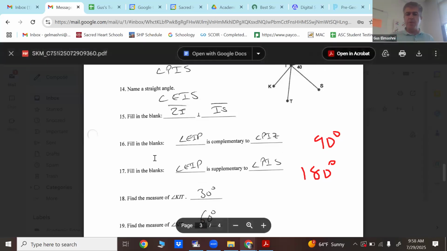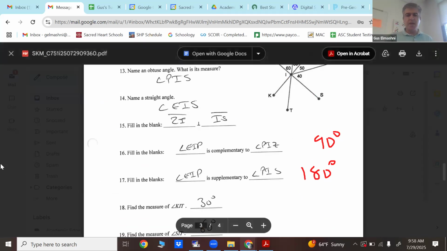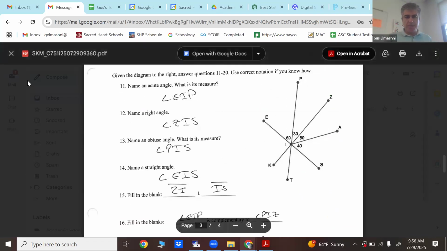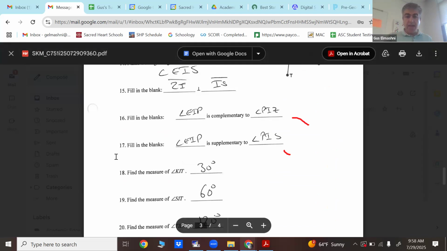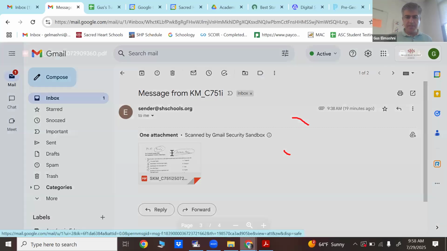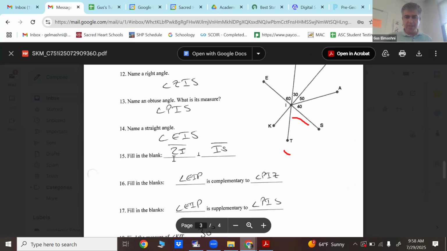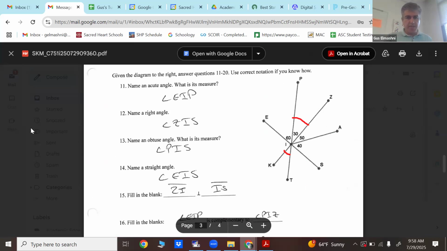Most of you are pretty cool with number 18 and 19. KIT, you're able to identify that's 30 degrees. That's because it's opposite this angle here. Those are identical. That's for KIT. For SIT, hold on. SIT was 60. Where's SIT?